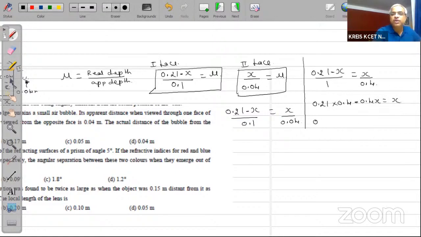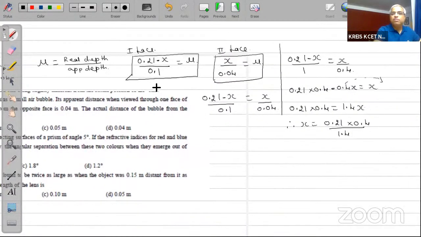And therefore I get this to be 0.21 into 0.4 is equal to, ಇದನ್ನ ಆ ಕಡೆ ತಳ್ಳಿದ್ರೆ 1.4x ಆಗುತ್ತೆ. You can take this to the other side, am I right? This becomes 1.4x, and therefore what is x equal to? 0.21 into 0.4 divided by 1.4. ನೋಡಿ, ಬಹಳ ಚೆನ್ನಾಗಿರುವಂತಹ ಪ್ರಾಬ್ಲಮ್ ಇದು, ಸುಲಭವಾಗಿ ಮಾಡಬಹುದು.